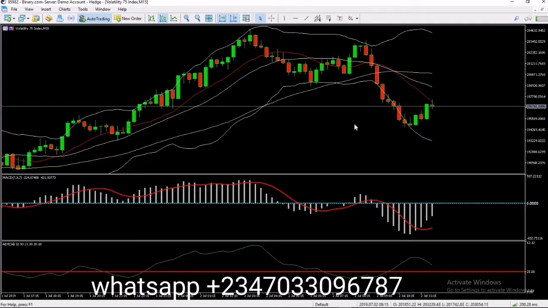Its movement is quite different. If you've been trading forex, you would agree with me that Volatility 75 is very fast. It's fast and the pips are very huge. Before you enter, you can easily get 50 pips, and you can get 100 pips easily.